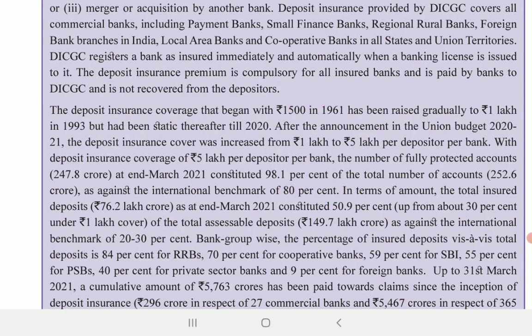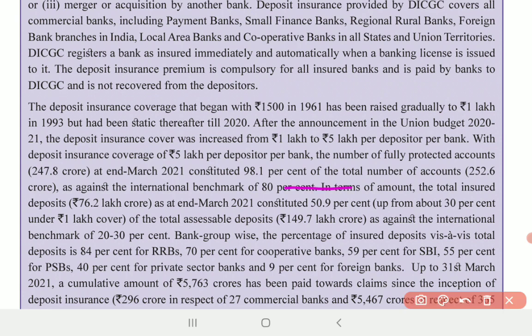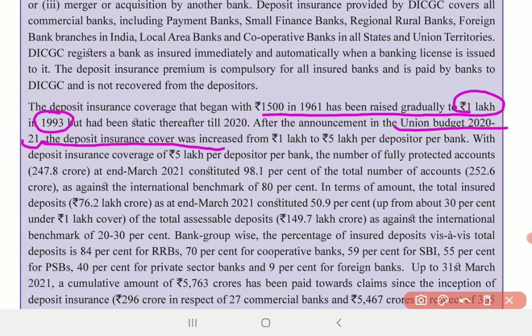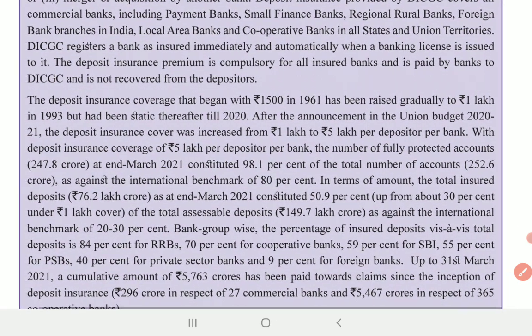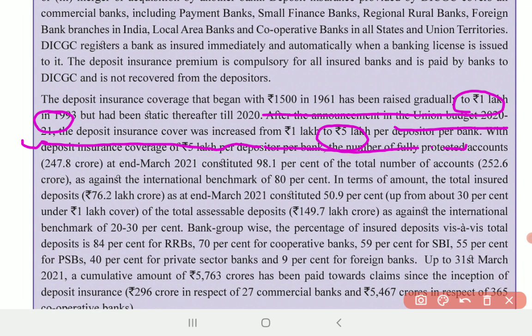Later on, the Act got amended in 1993, and this 1500 amount was raised to 1 lakh. In Union Budget 2021, this deposit insurance cover was further increased from 1 lakh to 5 lakh per depositor per bank. So now the present amount of insurance cover is 5 lakh rupees.